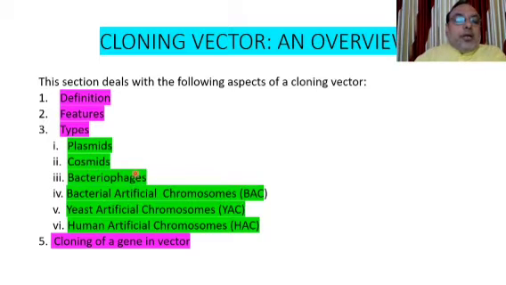So in this section, we will deal with the plasmids and bacteriophages and chimeric vectors developed through the combination of plasmids and bacteriophages, such as phosmids, etc. And in the next section, we will deal with the artificial chromosomes, that is BAC, YAC, or HAC.